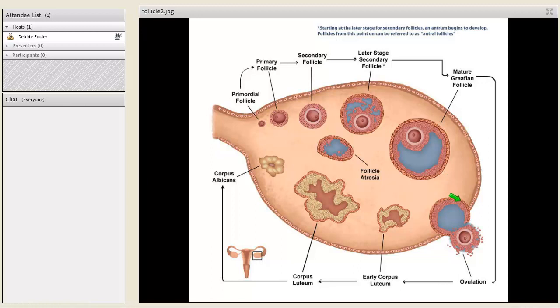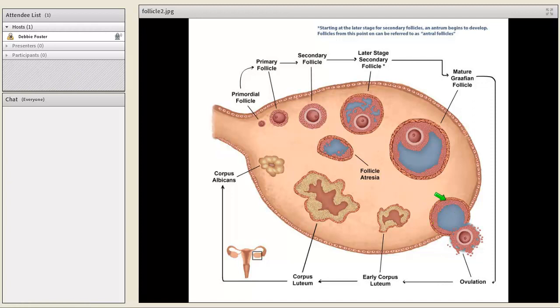It helps the final maturation of this oocyte, and it helps with ovulation, which is the release of the follicle from the ovary, and which goes into the fallopian tube and hopefully down the track, in this case, has fertilization occur, because that's the whole purpose of this process, to have fertilization and to create an embryo and then subsequently a fetus and a baby.